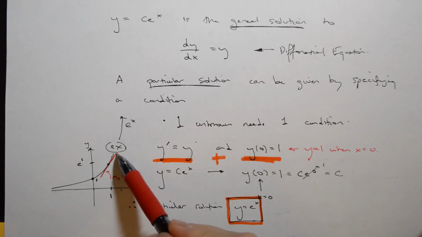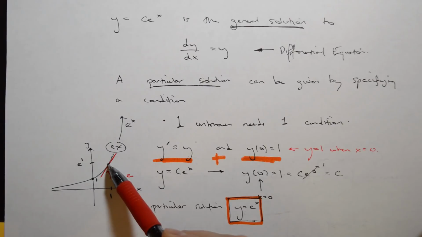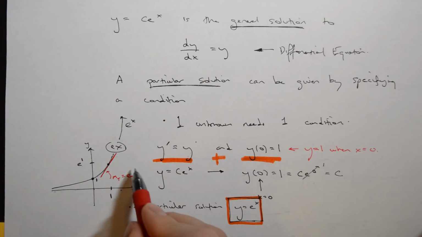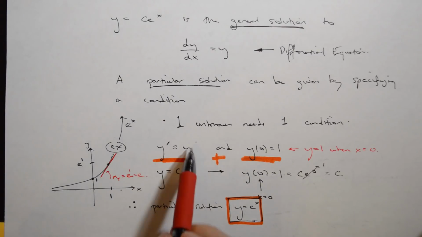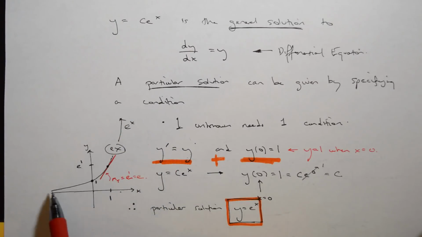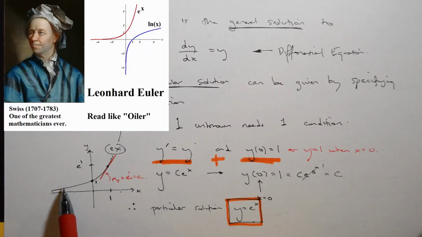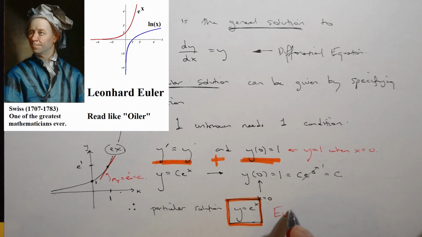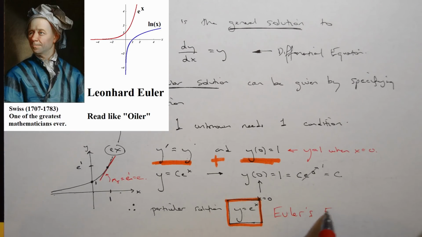The slope of the curve at the point is equal to the value of the function, e to the 1, which is just the number e. So this differential equation defines the slope properties of the function, and it is also a definition of Leonhard Euler's natural exponential function.